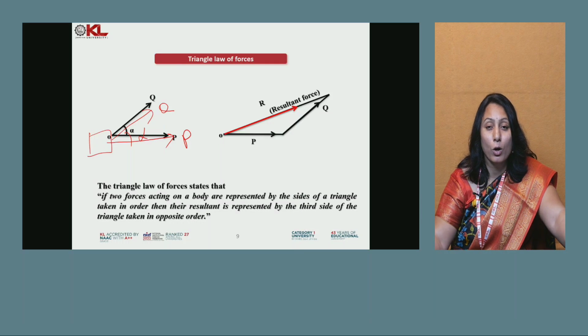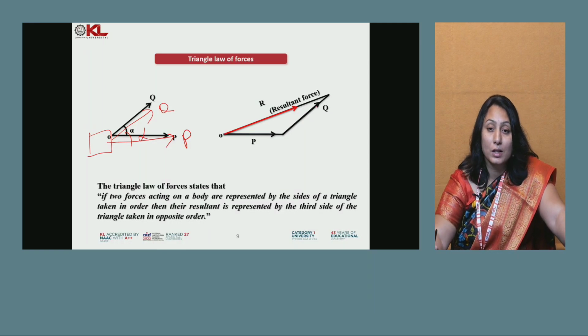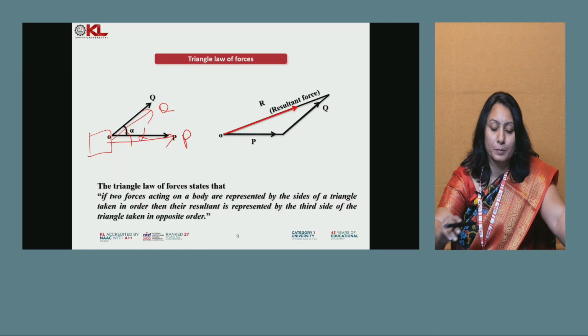That means all the directions of forces must be in one order, and then the resultant force, which is the third side, the joining force, which is joined in opposite direction, is called the resultant.